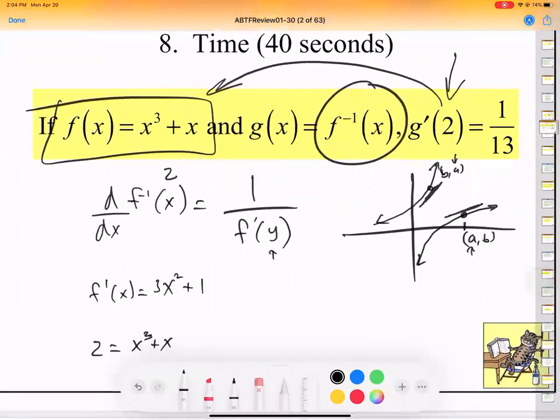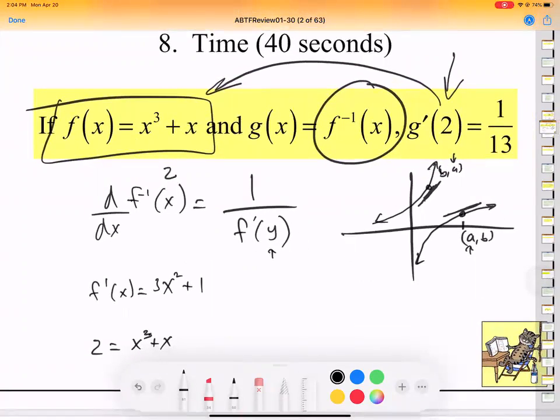Is this a non-calculator? Would this be 13? Is this a possibility? So would this equal 1 over 13? That has to be 13.